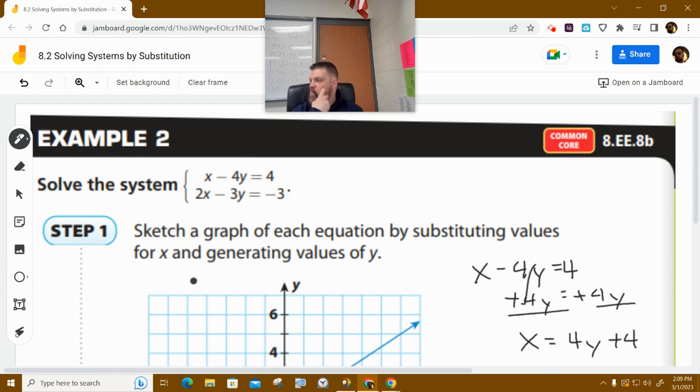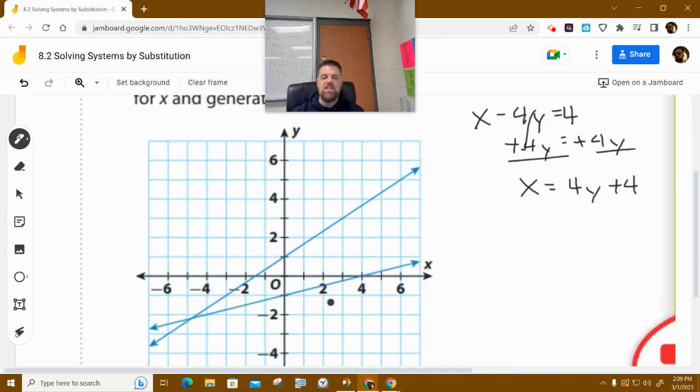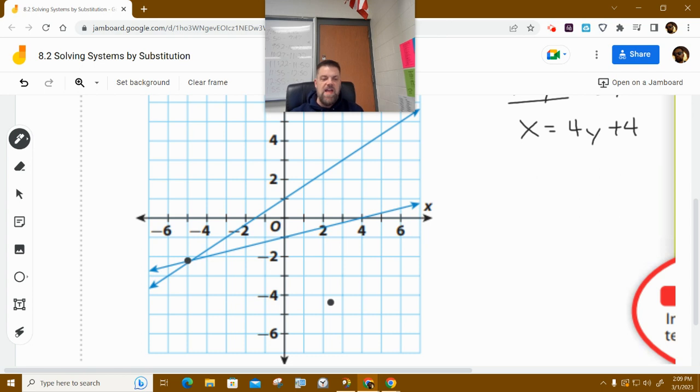So now part of this process, this is what confuses people, and I'm going to explain it a little bit. Each one of these lines represents the graph. The x and y value are the same for both equations where they intersect. So we make the assumption that the x value for one equation is the same x value for the other equation if they intersect.